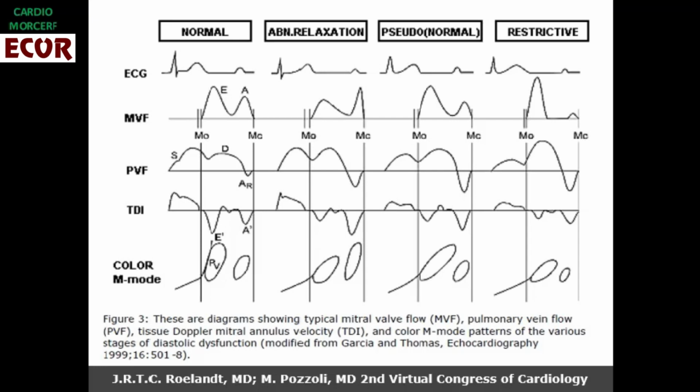And there is also a greater A wave reverse, since in a left ventricle with poor compliance, the atrial contraction has difficulty emptying into the left ventricle, and more blood returns to the pulmonary vein.